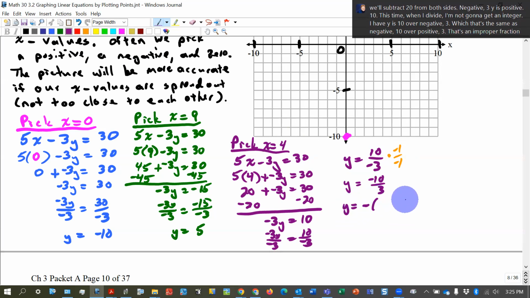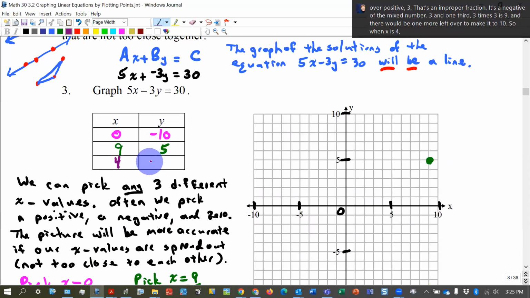It's a negative of the mixed number 3 1/3. 3 times 3 is 9, and there would be one more left over to make it to 10. So when x is 4, y is negative 3 1/3.